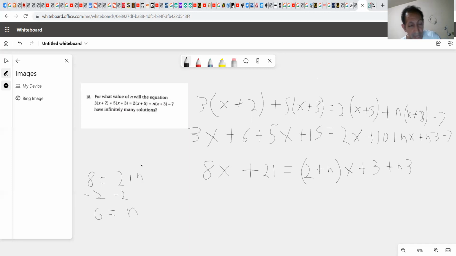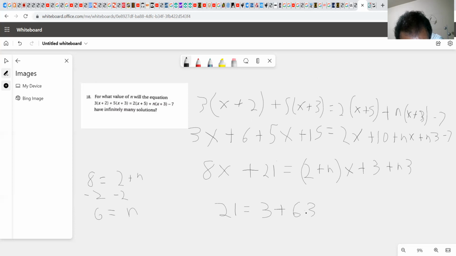So basically the answer to this should be 6. You could stop right now and say that the answer is 6, but let's make sure everything's okay. Let's see if it works with the number part. This 21 should be equal to 3 plus, now we said n was 6, so 3 plus 6 times 3.